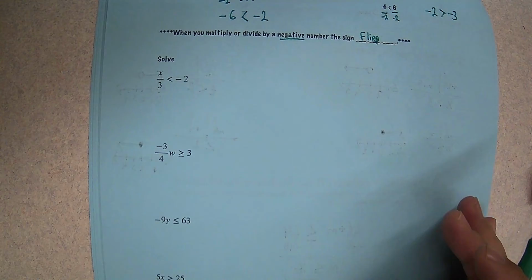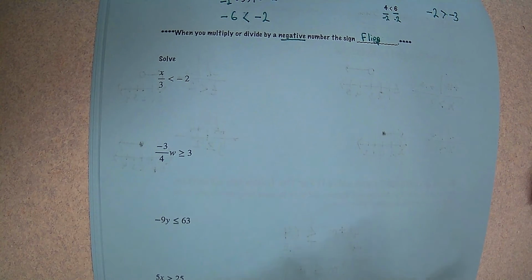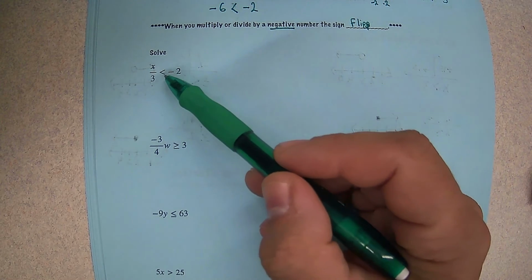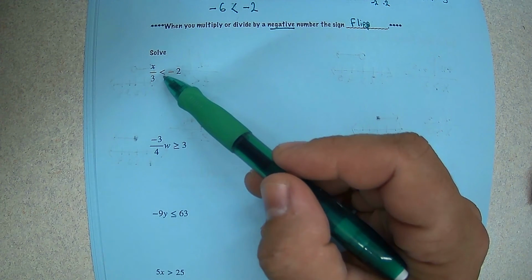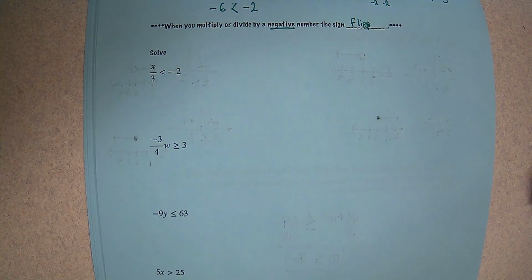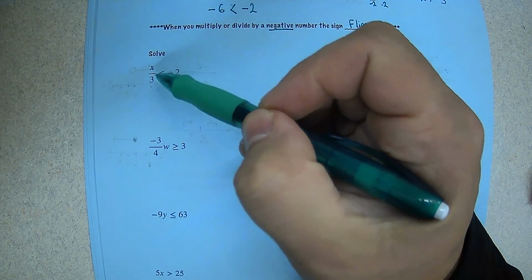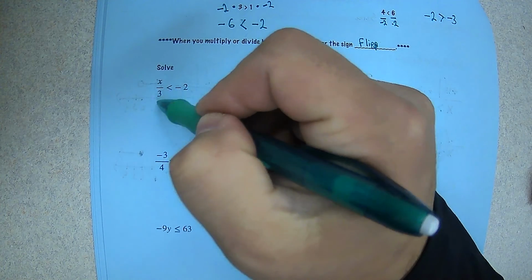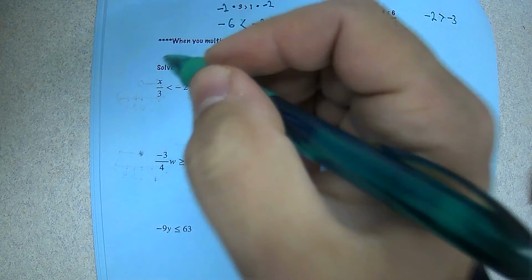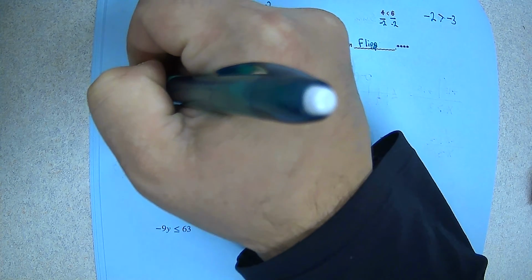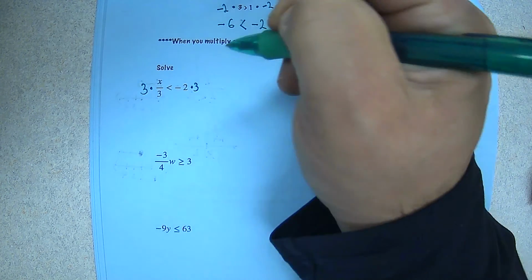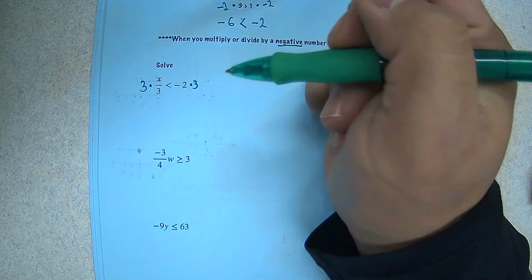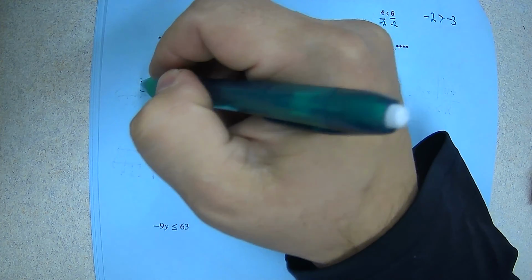We did all of our graphing on the front, so we're just going to solve these. I have x divided by 3 is less than -2. So the number I want to get by itself is x. So I have to get rid of this 3. We're dividing by 3, so I'm going to multiply both sides by 3. 3 divided by 3, those cancel out.